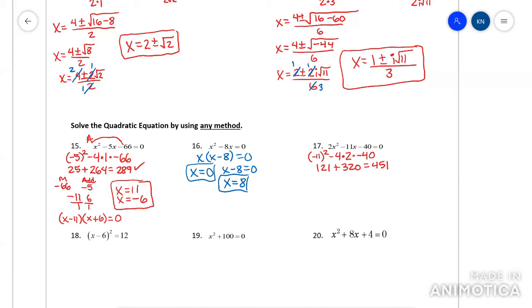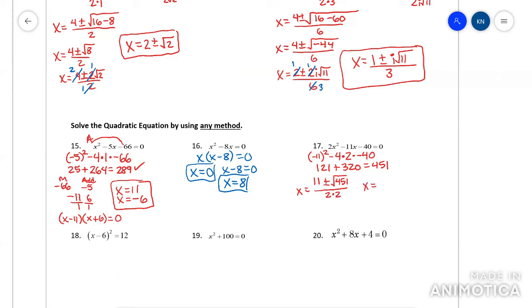So for this one, I'm just going to run the quadratic equation, which goes negative b. We did it earlier, so negative b makes positive 11 plus minus the square root of 451, which was already calculated as our discriminant, and that's all over 2 times a.